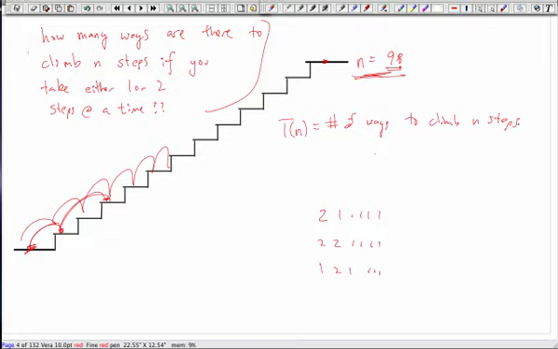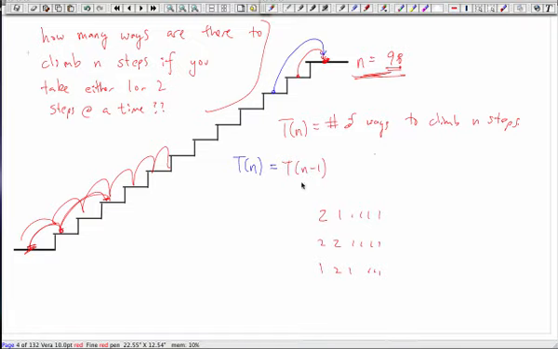You think, if I were here at the top, that very last action that I did, what did I do? I either took a single hop to get here, or I took a double hop to get here. And so the number of ways to get to the nth step is going to be the number of ways to get to the n minus first step. I'll write that in red so it's the same color.